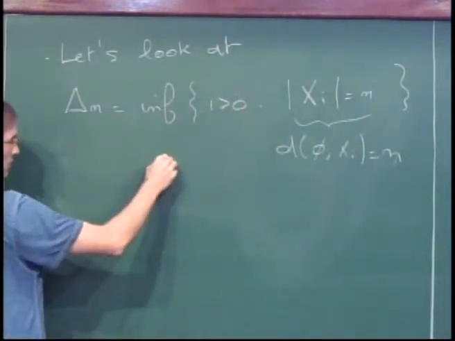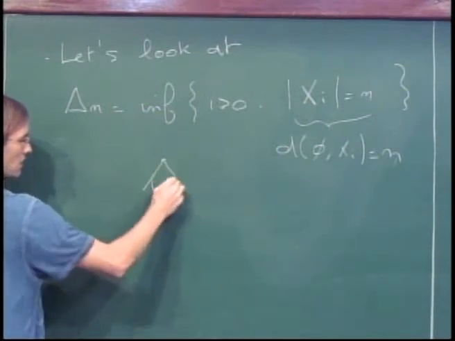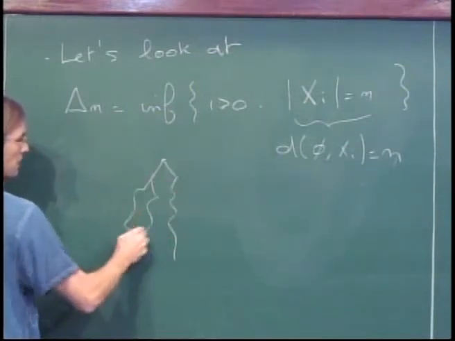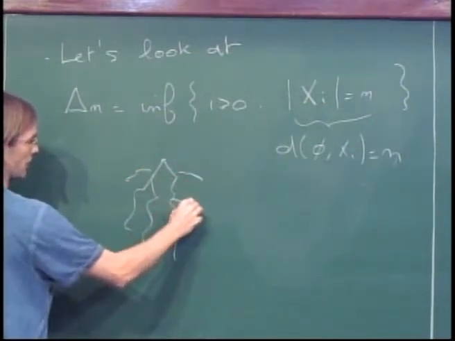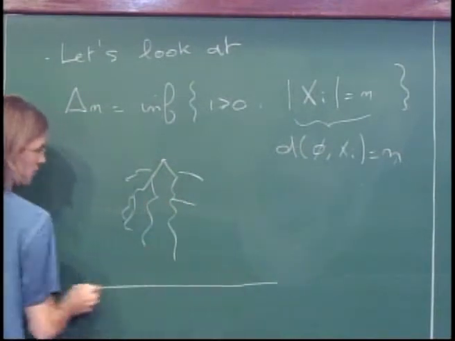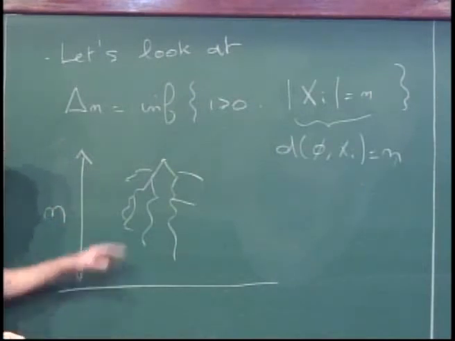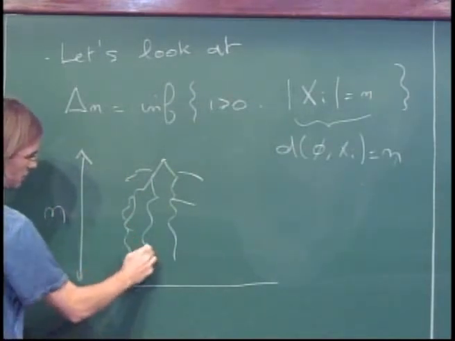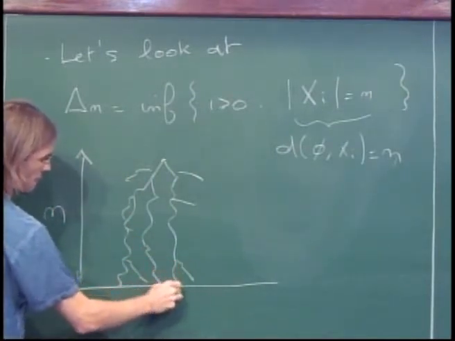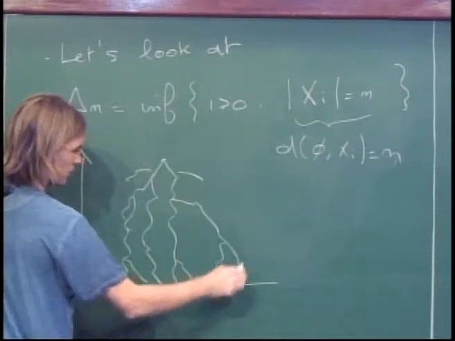So basically, you have your tree, with small parts hanging off it. And you look at distance n, and you wonder, how much time is it going to take for me to reach down to this point?